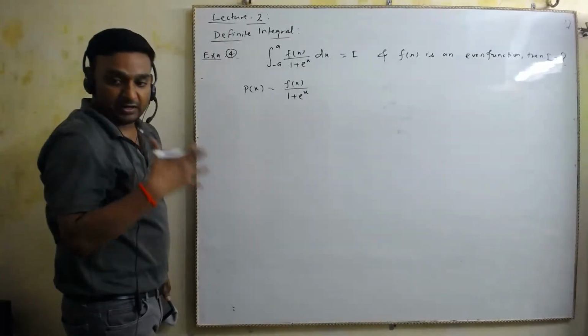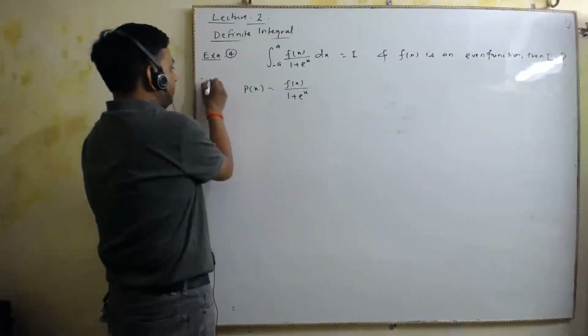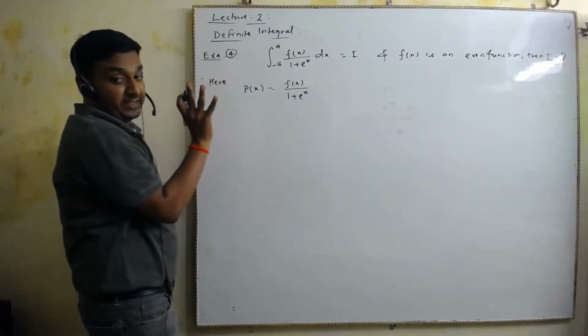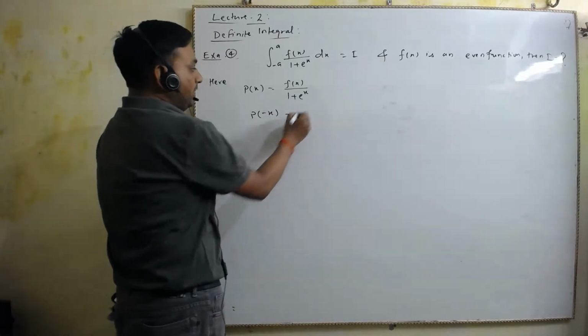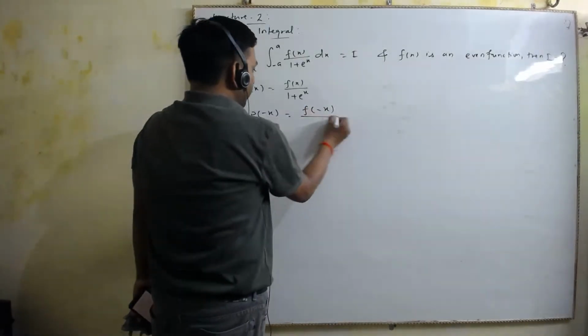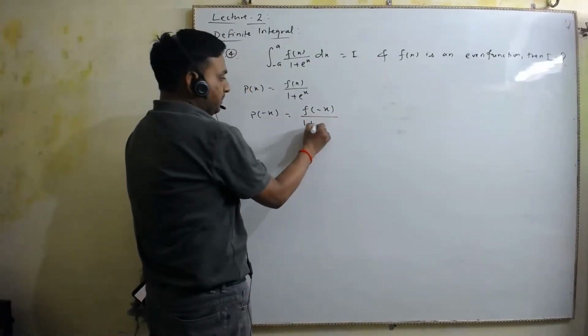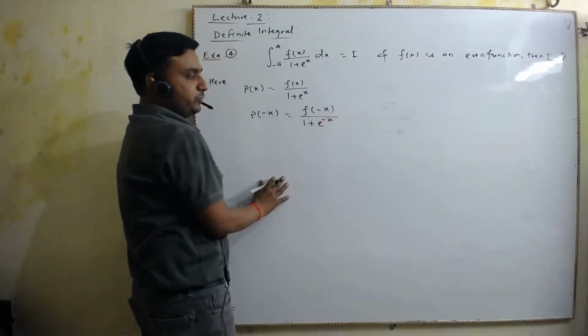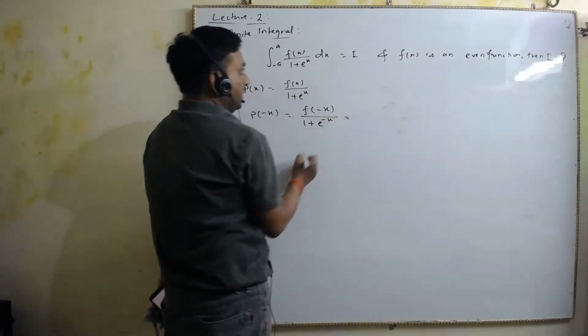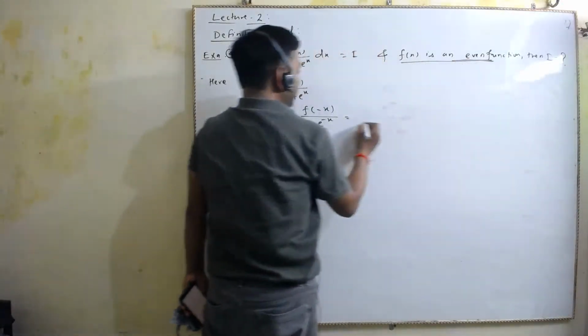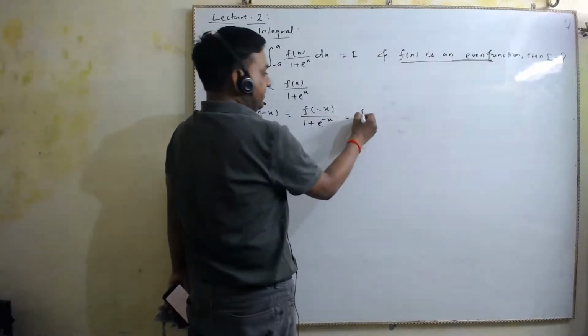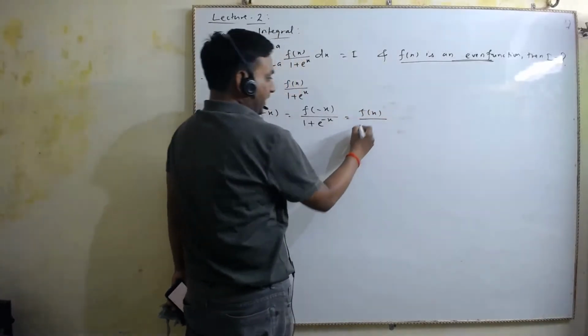So if I observe, p of x equals f of x upon 1 plus e raised to the power x. Please observe very carefully. P of minus x will be what? F of minus x upon 1 plus e raised to the power minus x. F of x is given as an even function, so f of minus x is f of x.